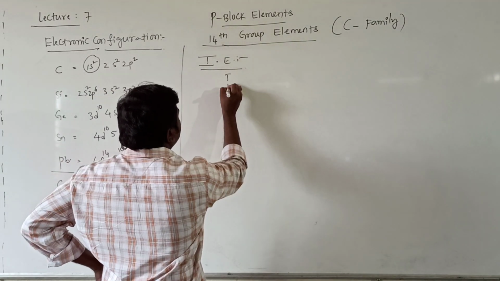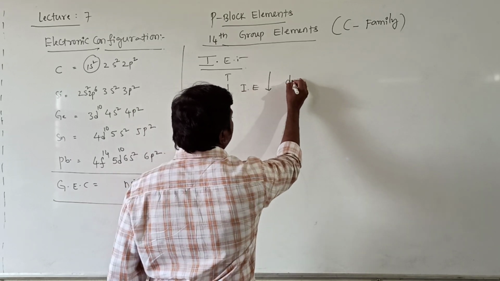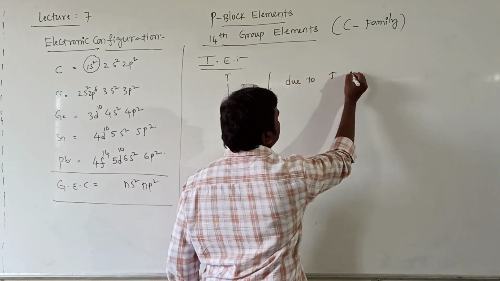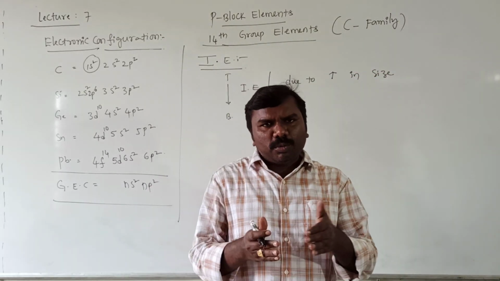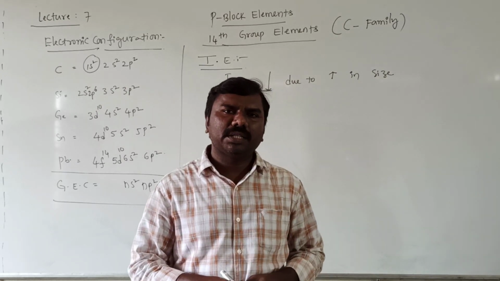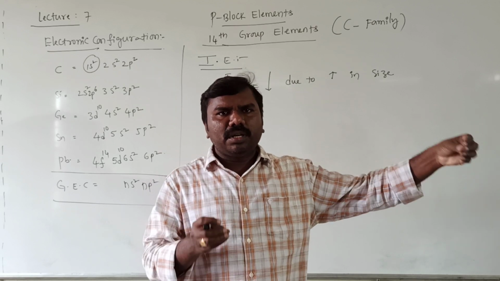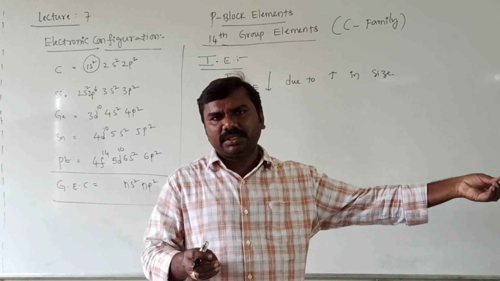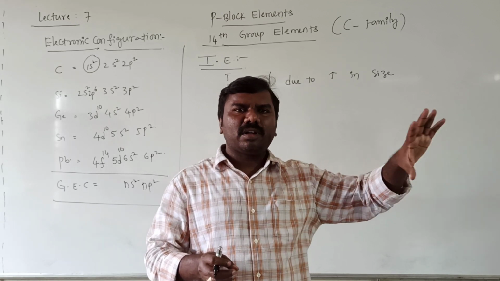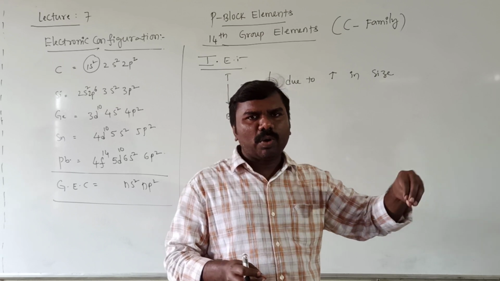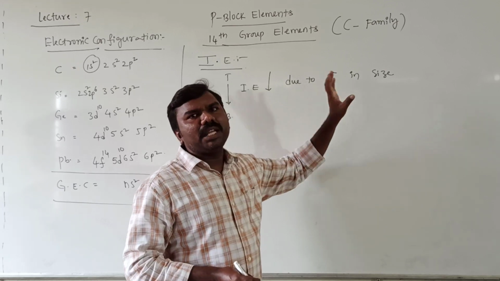Top to bottom, ionization enthalpy values decrease due to increase in size. The amount of energy required to remove the electron from the valence shell is called ionization enthalpy. If size increases, the distance between the nucleus and the outermost electron increases, attraction decreases, and it is easy to remove the electron with the least amount of energy. Least means low value, so ionization enthalpy decreases as size increases.